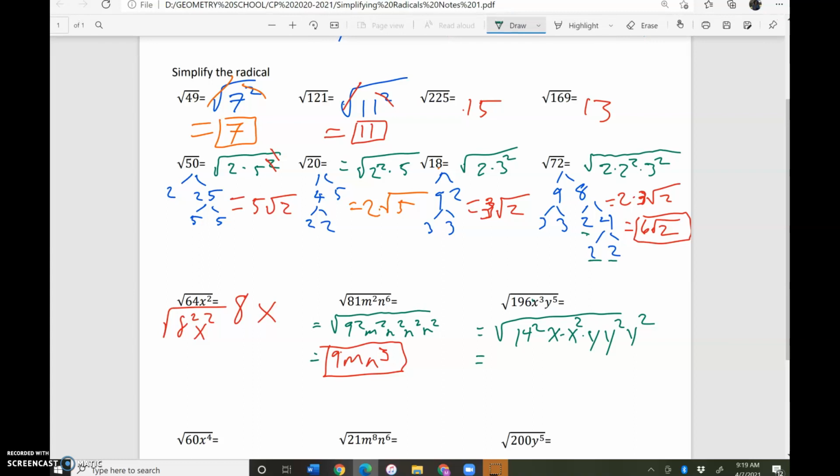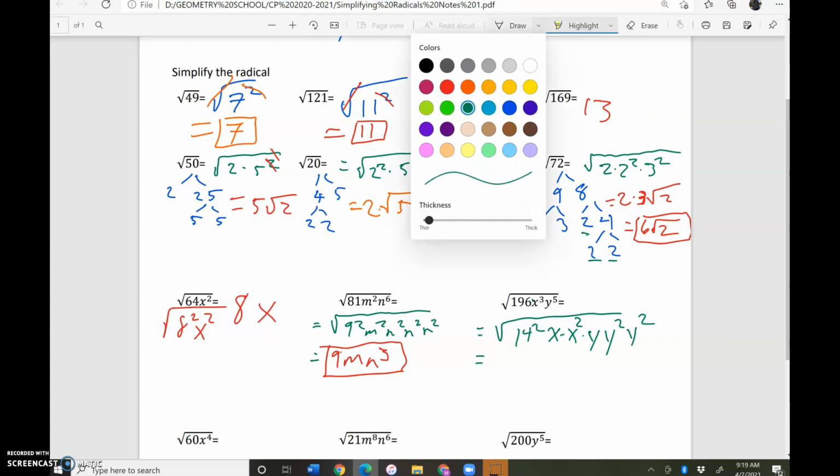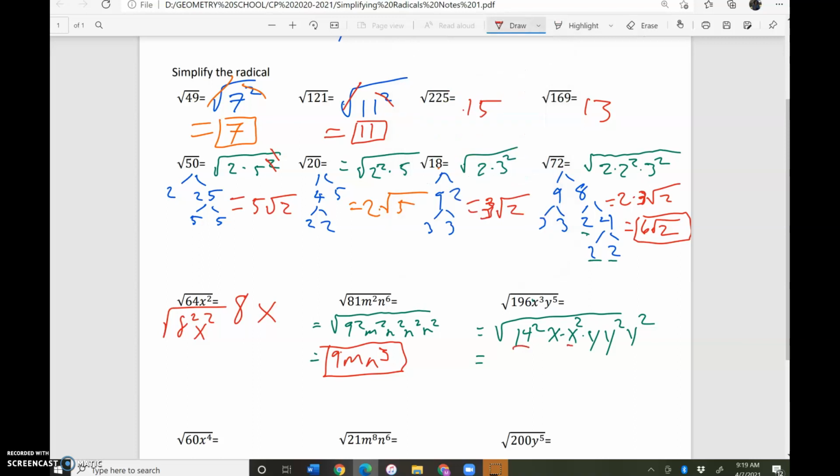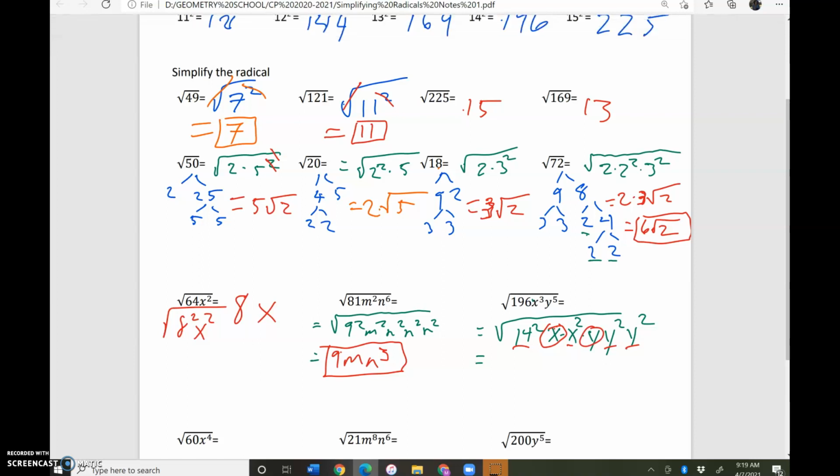And if you don't have a perfect square, that means you have to stay on the inside. So this one comes out, this one comes out, this one comes out, this one comes out, and that means this x has to stay inside, and it means that this y has to stay inside. All right, so the 14 comes out, so that gives me 14. X comes out, 2 y's come out, so y squared, and on the inside, x times y.